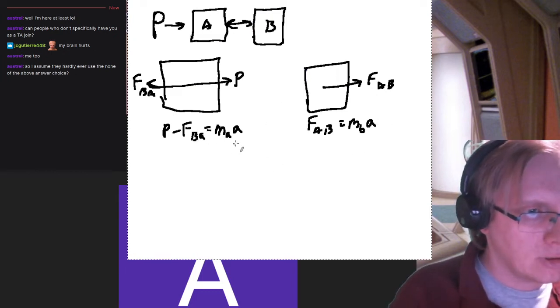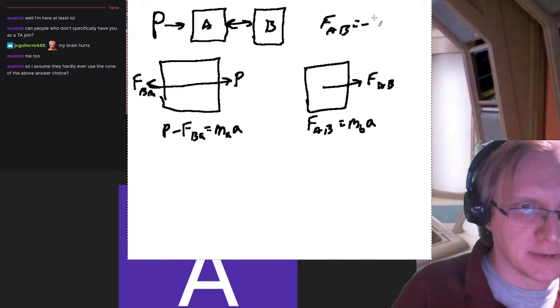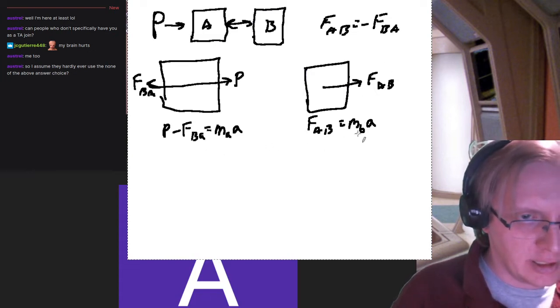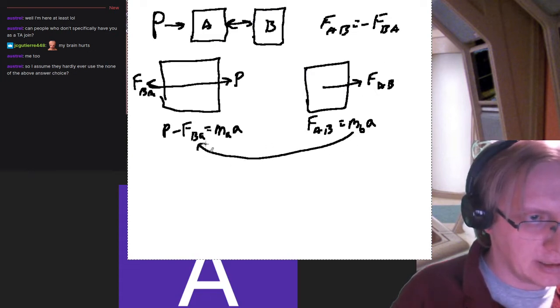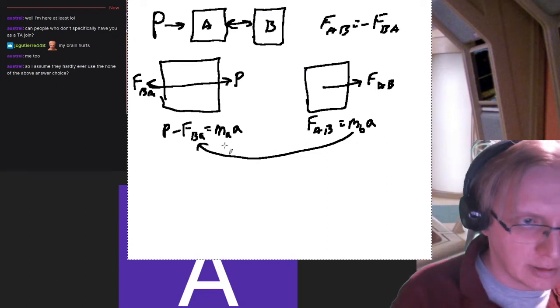Okay. Well, we have that force of A on B is equal and opposite to force of B on A. So then this value can come straight into here.